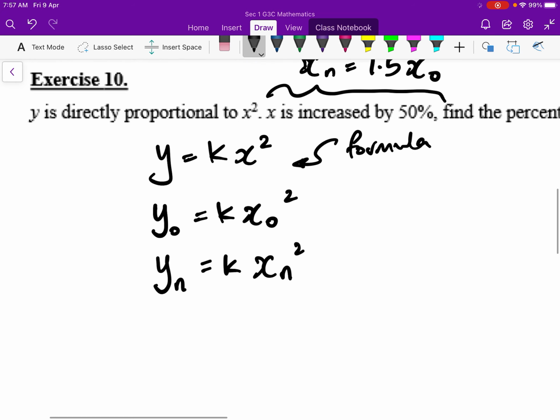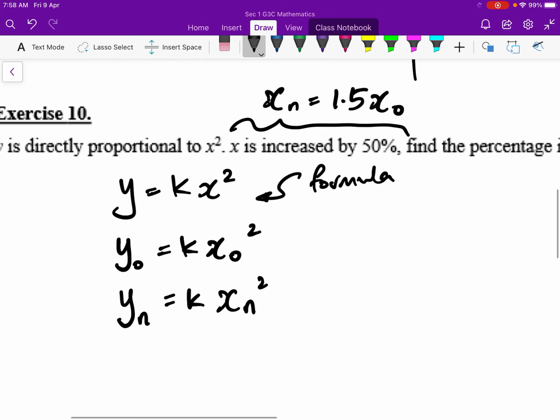It is just the corresponding x and y. But I know xn is related to xo by this relationship. So instead of having so many different variables, I'm going to replace my xn with the entire 1.5 xo, close bracket. And you notice that the square belongs to the entire 1.5 xo.